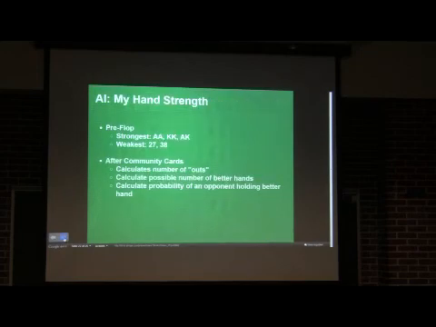And also, very important, is my own perceived hand strength. We're going to take that pre-flop from a pre-programmed table of values. We're going to assign set values to each of the starting hands you could have.